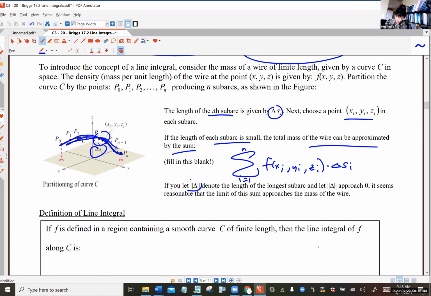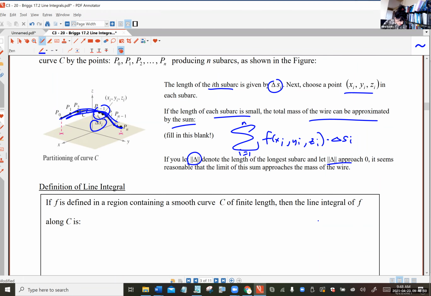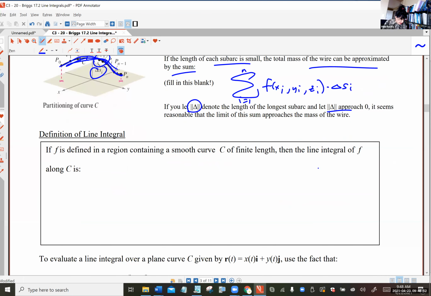And then of course you're going to let the norm of the partition go to 0 and cut up into teenier and tinier little pieces. So you let the longest subarc approach 0, take the limit, and you get a line integral. So there are 2 line integrals I want you to know about, the 2D version and the 3D version. For both of them, you are taking the limit as the norm of the partition goes to 0 of a Riemann sum.